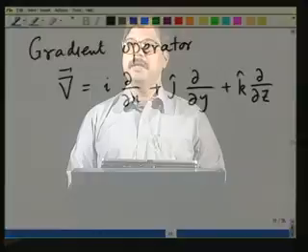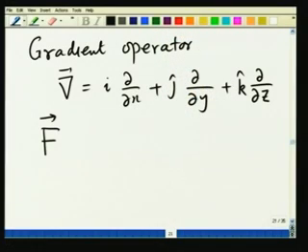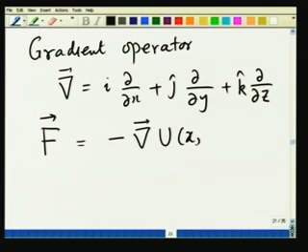Since I am talking about the 3-dimensional case, this gives me a vector quantity, and the force of which the potential is given is minus the gradient of the potential energy u(x, y, z).